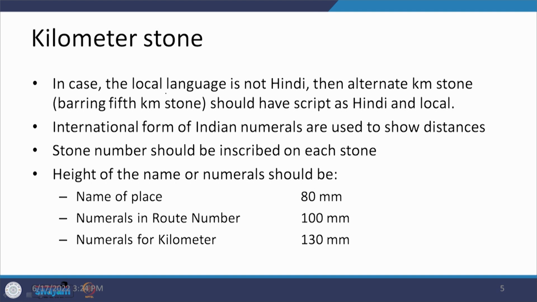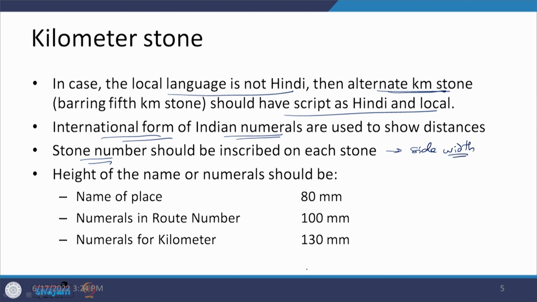If the local language is not Hindi, then the alternate kilometer stone should have the script in Hindi and the local language. So, that is one thing which has to be added. International form of Indian numerals is to be used to show the distances. Stone numbers are also inscribed on each stone, placed on the side width of that stone.